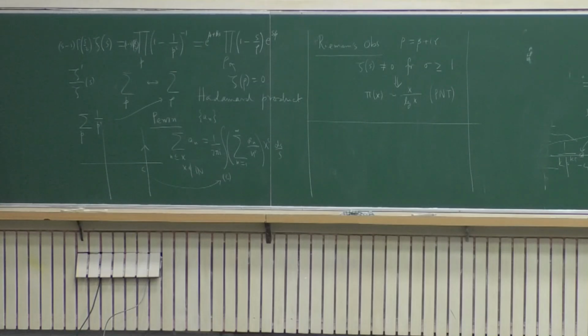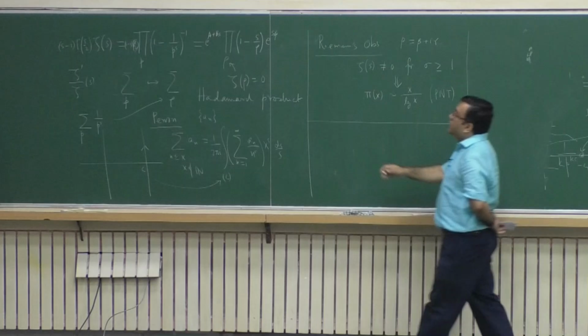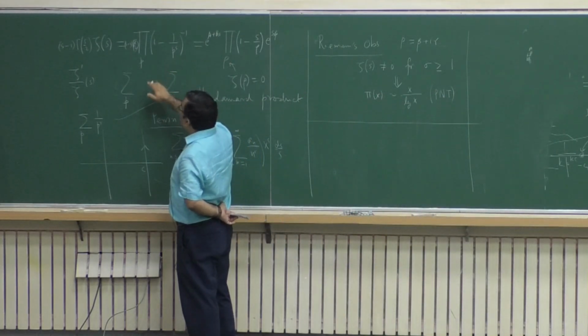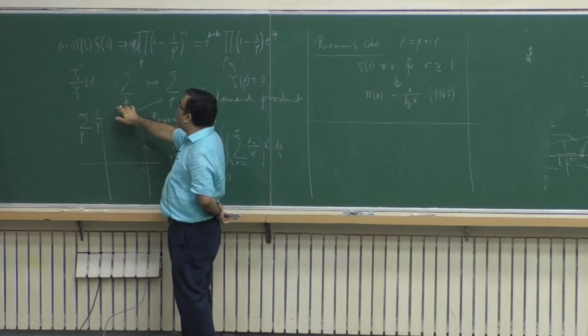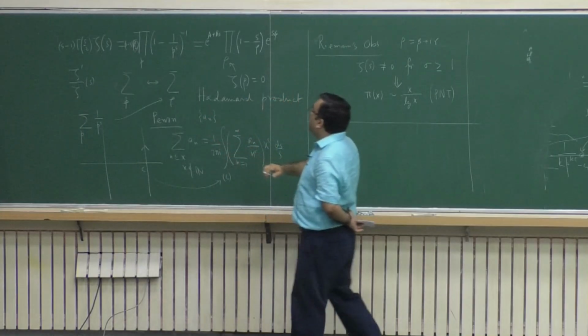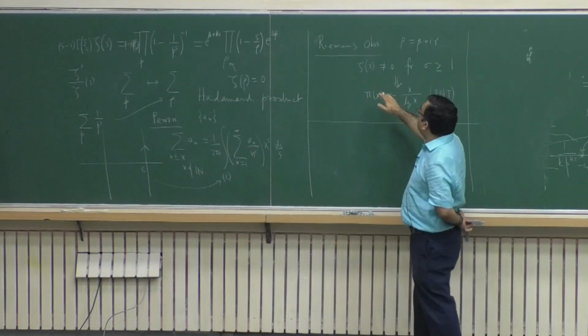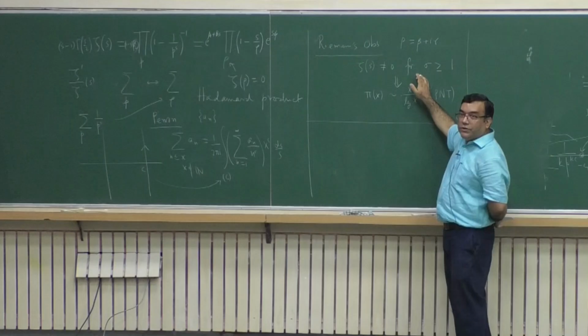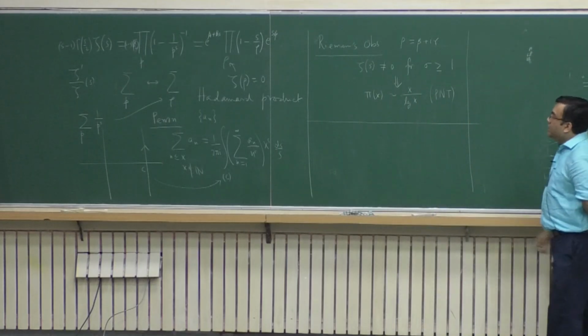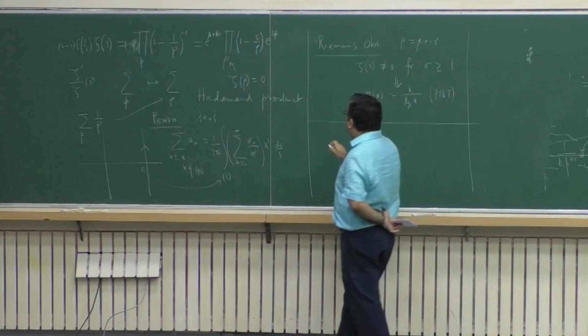He related that to the zeros of the zeta function, and from there he derived what is called an explicit formula relating the primes to the zeros. And from there, he concluded that if you can say something for the zeros of the zeta function, then you can improve the prime counting. So that was a long way.